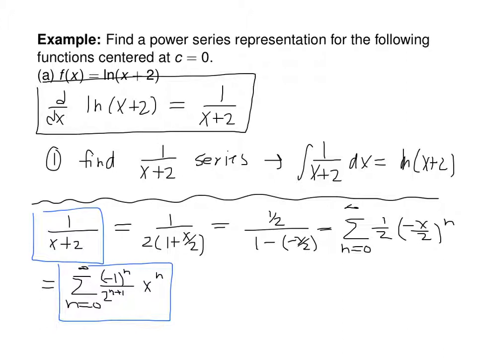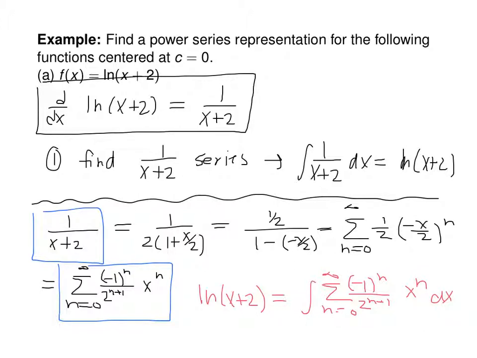So therefore ln of x plus 2 is the integral of this sum. The (-1)^n over 2 to the n plus 1 is just a constant. So what matters there is the integral of x to the n, which is x to the n plus 1 over n plus 1.